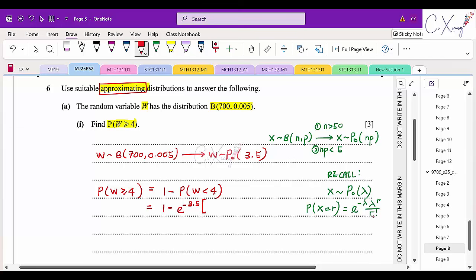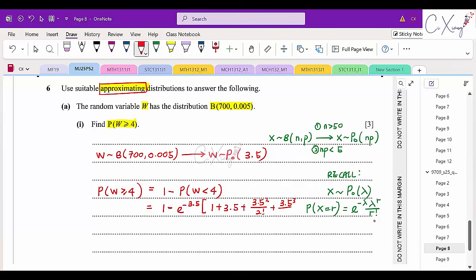Anything power 0 divided by 0 factorial is always 1. When x equals 1, you're having lambda power 1 divided by 1 factorial, which is always lambda, so 3.5. When x equals 2, you're having lambda power 2 divided by 2 factorial. x equals 3 will be lambda power 3 divided by 3 factorial.